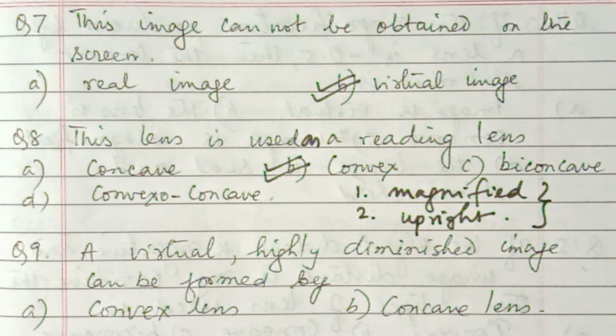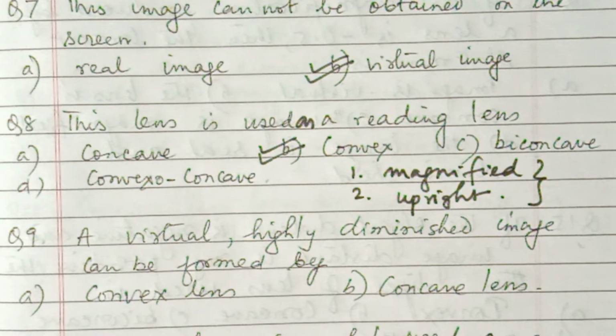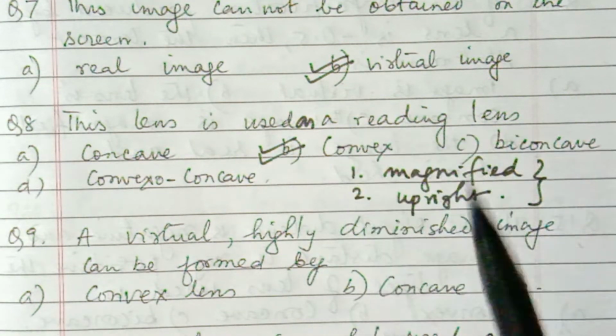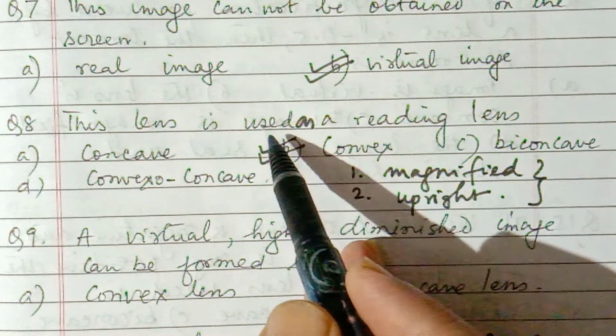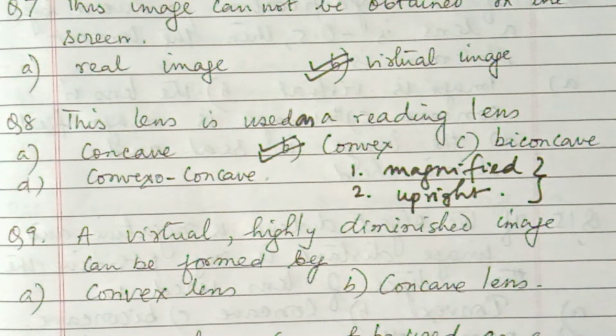Okay, so you may get some other questions, maybe why convex lens is used as reading glass, or which characteristics of image is useful in using convex lens as a reading glass. Then you can write from here.